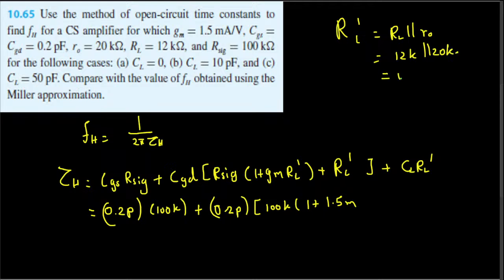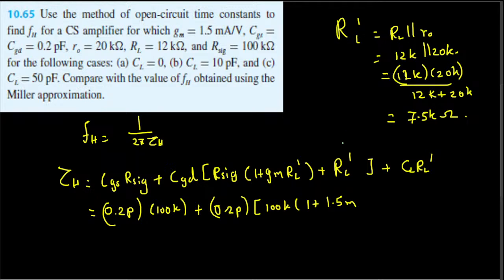So 12k times 20k over 12k plus 20k, product over sum. If you calculate this value, you're going to end up getting RL prime to be 7.5 kilo ohm. Okay, so that is this one.